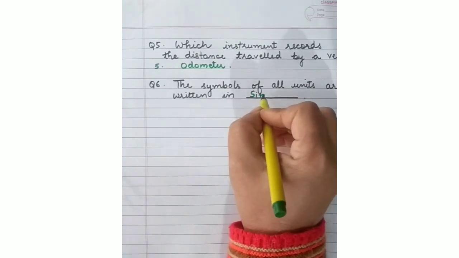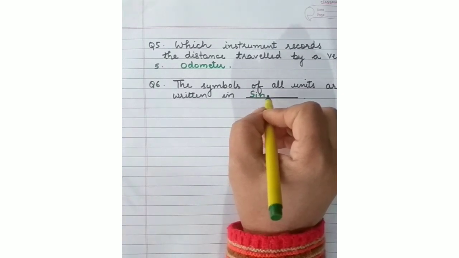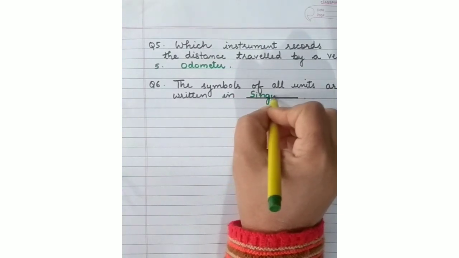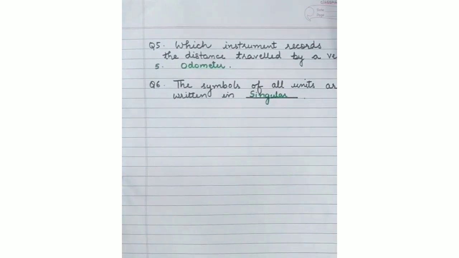When we are writing the symbols for all the units, for speed, for time, for distance, they are written in singular. For example, what is the basic unit of time? That is second. So we are writing only second, not seconds. Okay, that is in singular form. So symbols of all units are written in singular form.